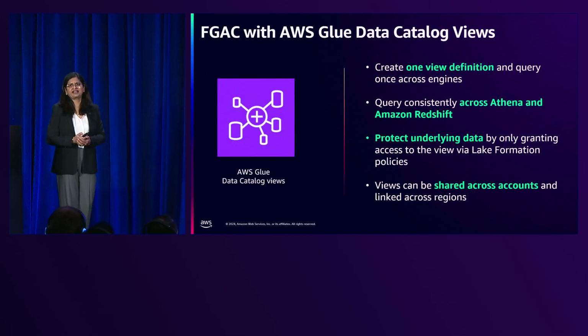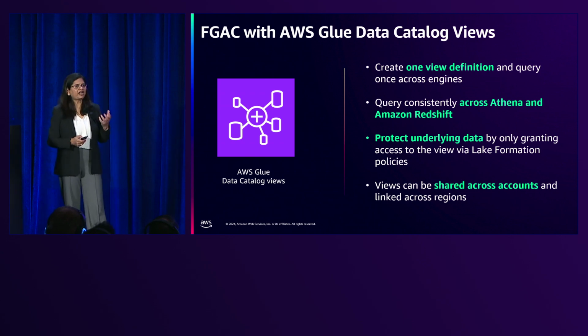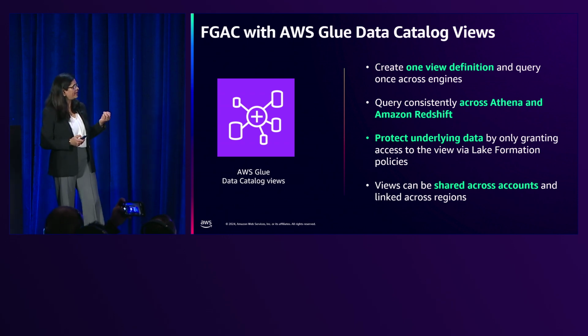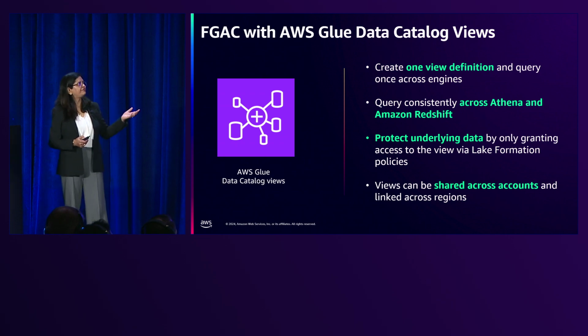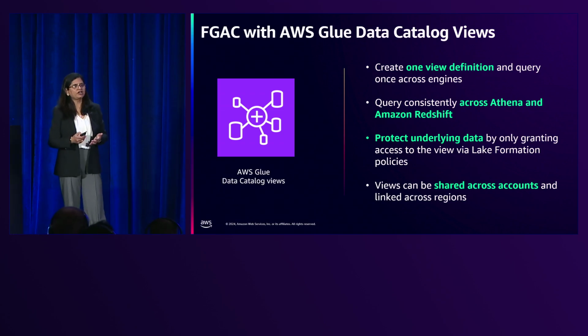Another feature that we are excited about is the ability to define multi-dialect views. This is provided through the Glue Data Catalog, and it's a feature called Glue Data Catalog Views. It allows you to define the view once and use it with multiple analytic engines like Redshift, Athena, and very soon with EMR and Glue as well.